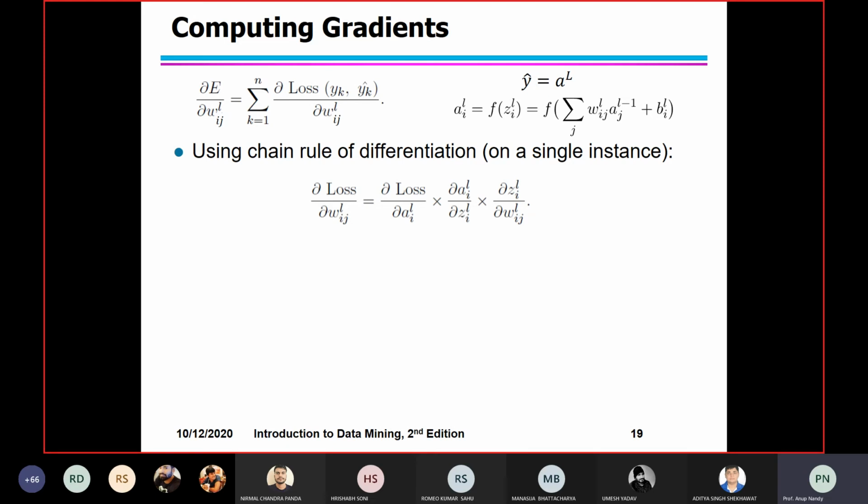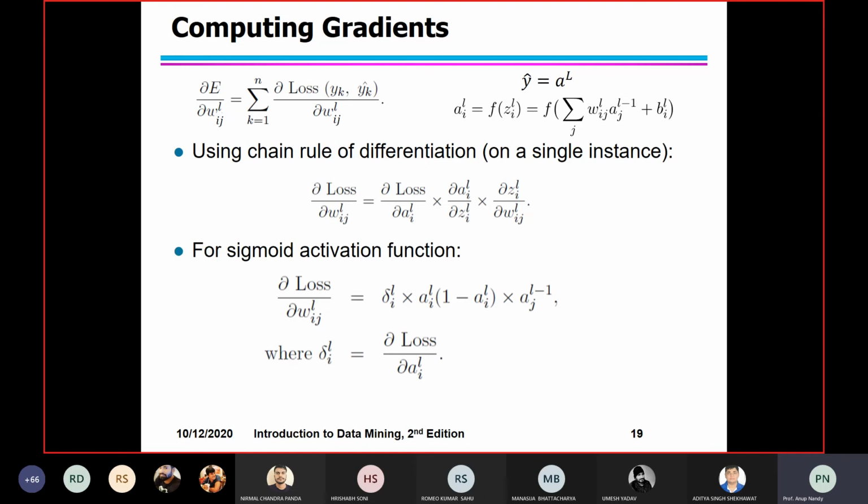There's del E by del w_ij, and then you have to use the chain rule of differentiation on a single instance, that is, del loss by del w_ij^L, then del loss by del a_i, then del a_i by del z_i, then del z_i by del w. For the sigmoidal activation function, we use this del loss by del w_ij^L. If you just remember, it is the same formula that we are going to use.